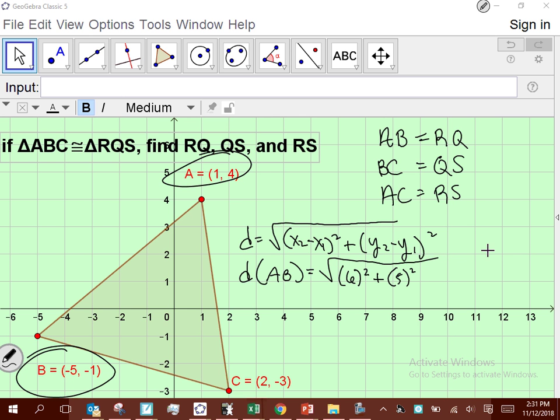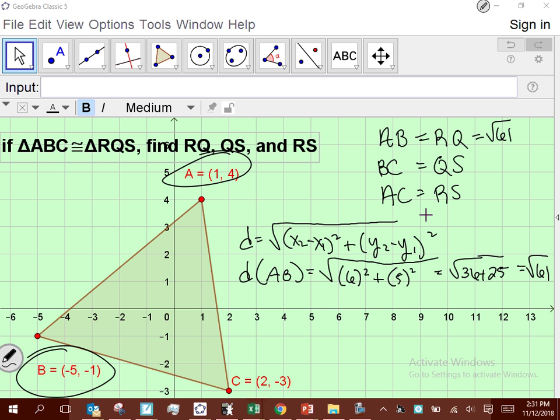So that gives me 36 plus 25, which ends up being 61. Is that prime? You get 61 prime. So that's fully simplified. So AB is root 61, but that's the same thing as RQ. And now I found that value.